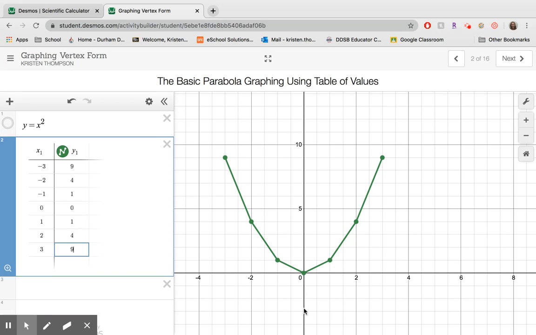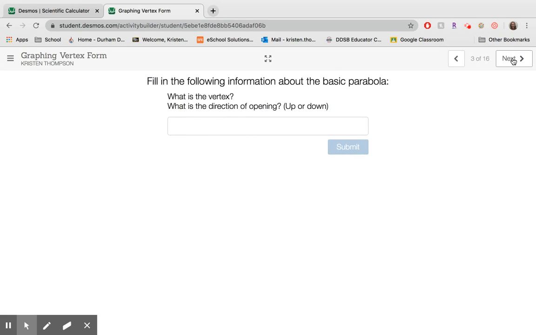And our axis of symmetry, so if we were to cut this in half here, and we flip this side over, this side would be equal to this side. So what is the vertex here? The vertex, and we fill it out with brackets. Our x value of our vertex was 0, comma.